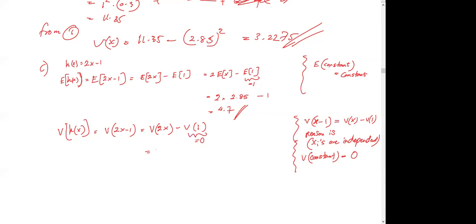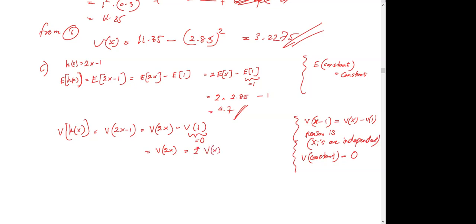So variance of 2x. Once we have a constant with a variable, you can simply take this constant out, but once you take it out it becomes squared. So this becomes 2 squared times variance of x.